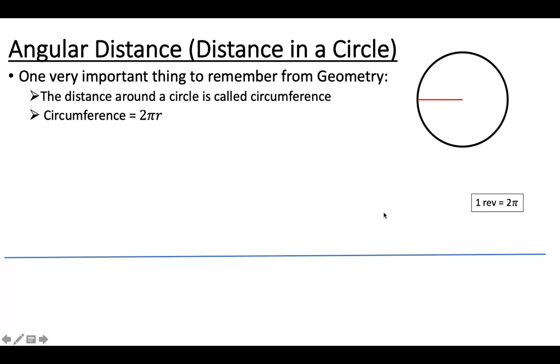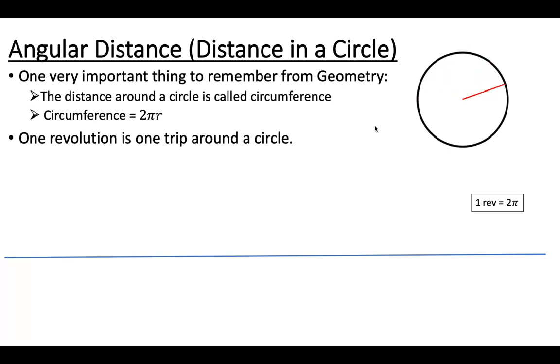That's a radius. One revolution is one trip around the circle. So if you go one revolution, you went around the circle one time, kind of like this right here. I'm going to see if I can maybe do it again. There you go, around the circle, all the way around once, one revolution.